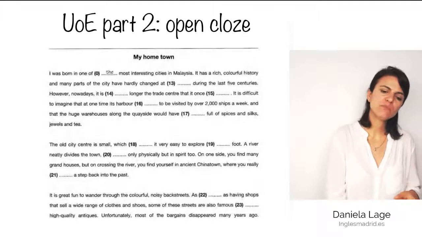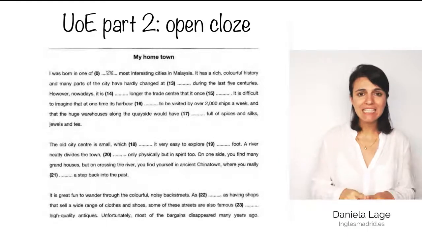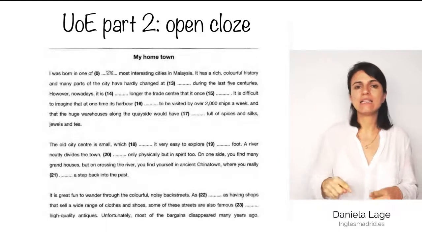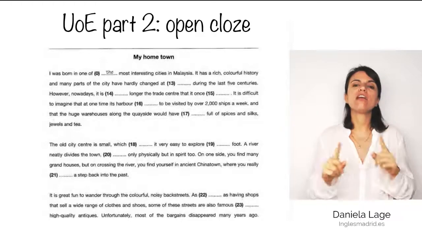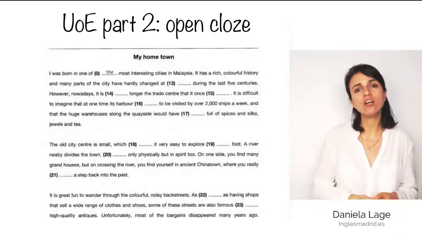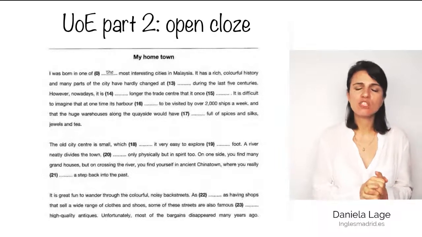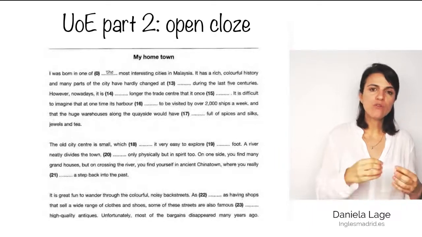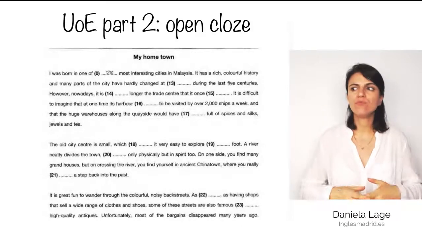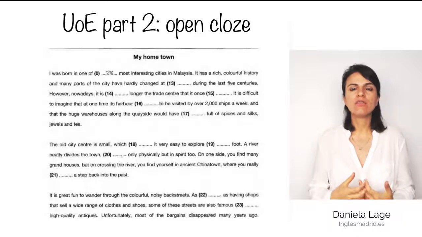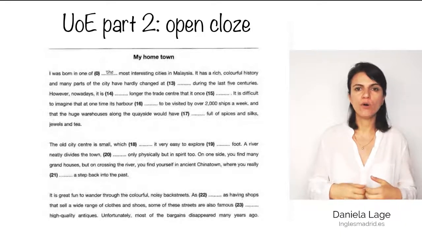Okay, use of English part 2, open cloze. We have a text. They give you blanks and they say complete. They don't give you options. It's just your knowledge. But I'm going to give you some ideas. When you have to complete the text, you are not going to write big words, no big nouns. I mean, there is not going to be an answer that is house or table or Monday.